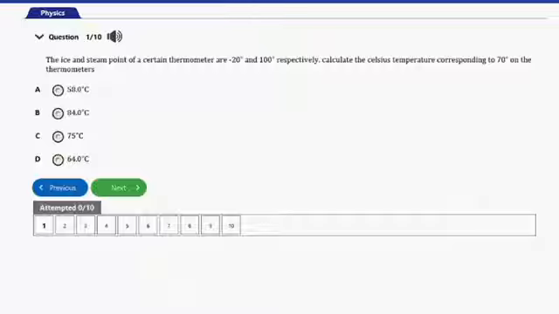It says, the ice and steam points of a certain thermometer are -20 degrees and 100 degrees respectively. Calculate the Celsius temperature corresponding to 70 degrees on the thermometer.